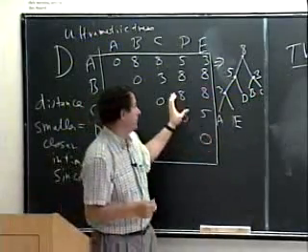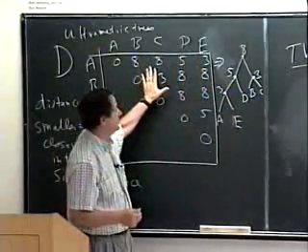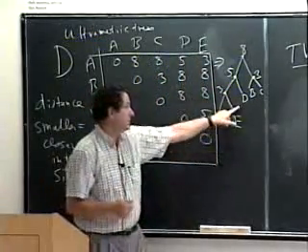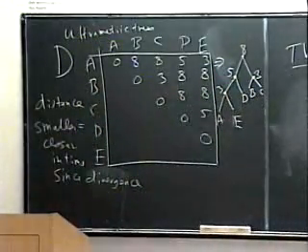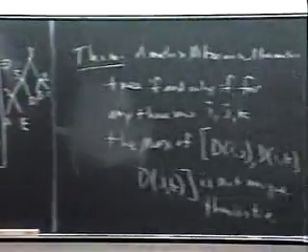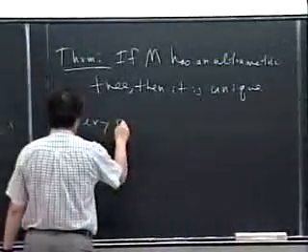There's only one possible explanation for these numbers if they're ultrametric. It's this tree. Okay? So that's a very, very powerful theorem. Very powerful.